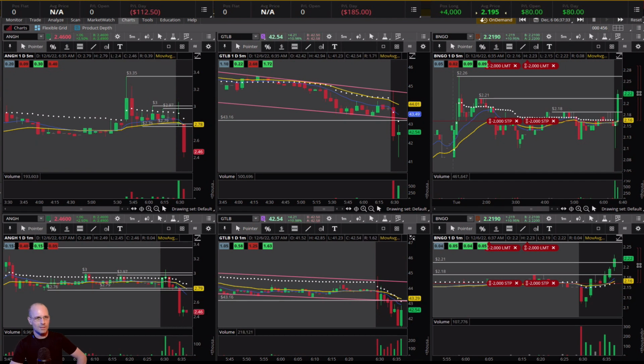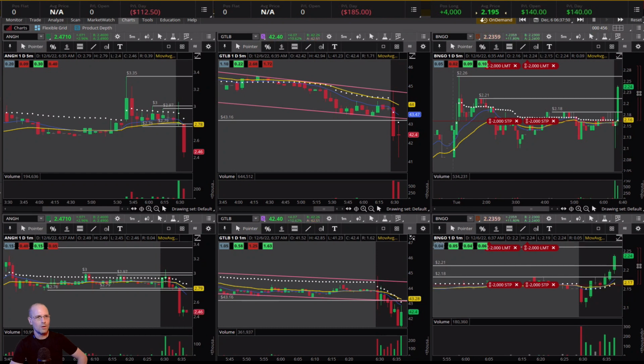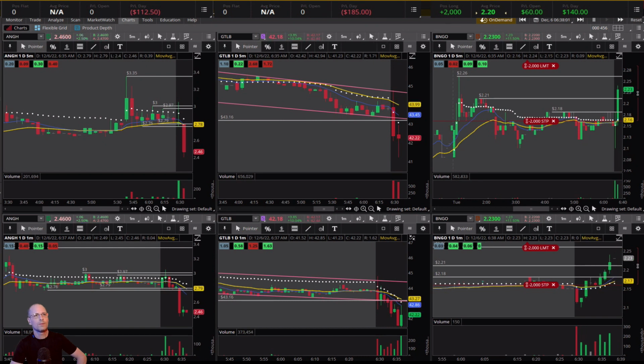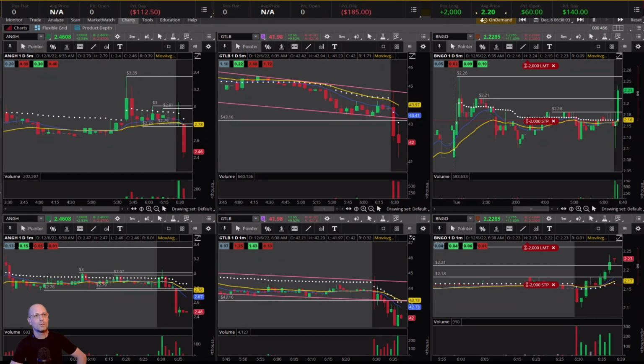Or I could be greedy and see if we get a bigger move. Looking for 224. There we go. So I sold half. That 1 minute candle is about to close. Now, can we get the move up to 226?